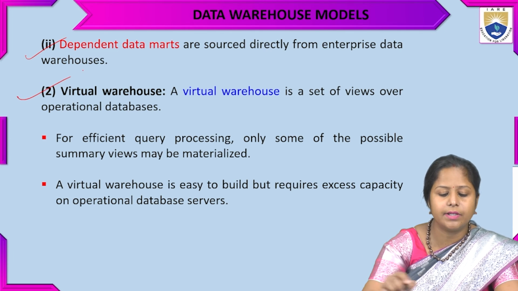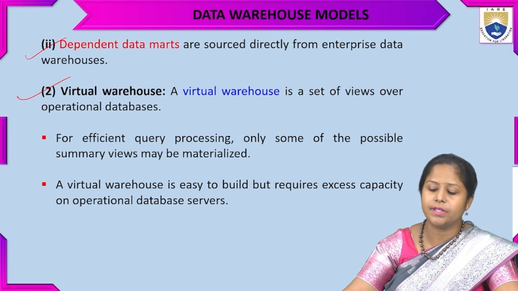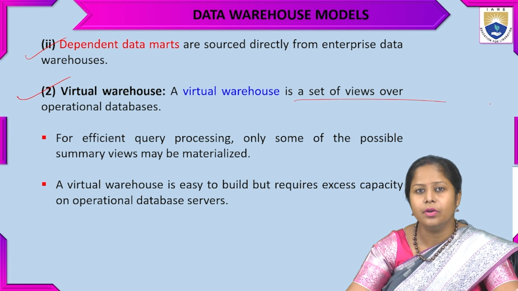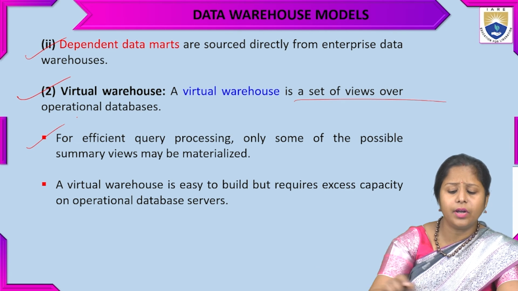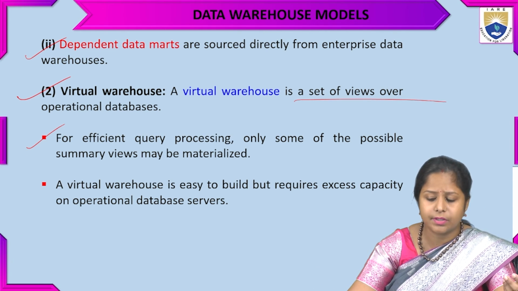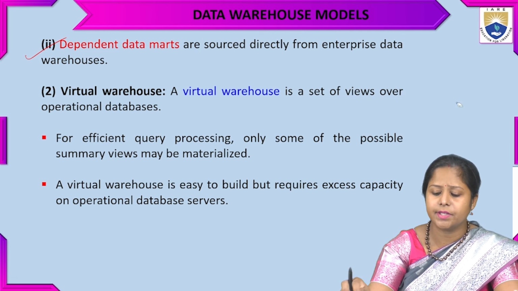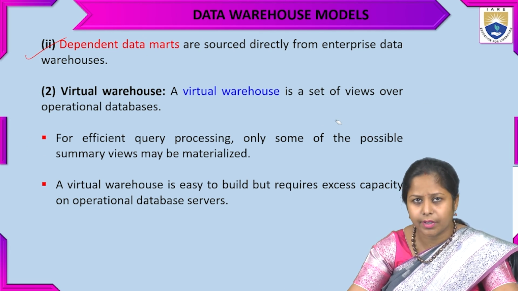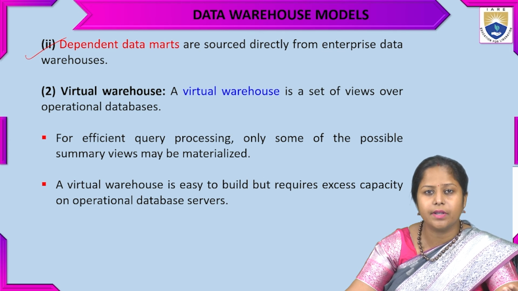Second is the virtual warehouse. A virtual warehouse is a set of views over the operational databases, for efficient query processing, and only some of the possible summary views may be processed in the virtual warehouse. So that is nothing but the virtual view of the data warehouse.